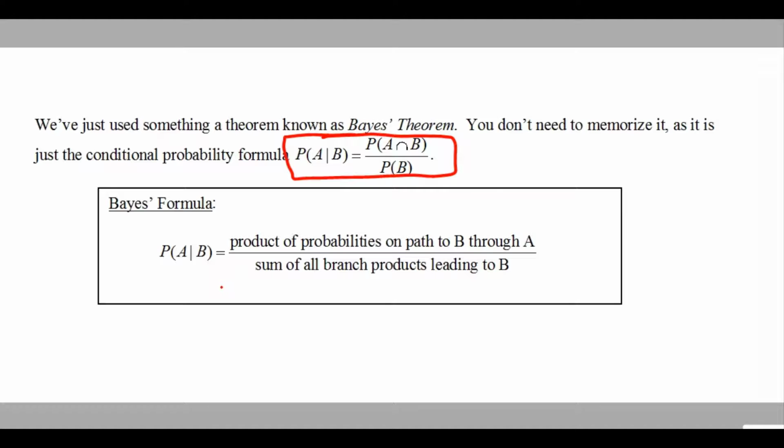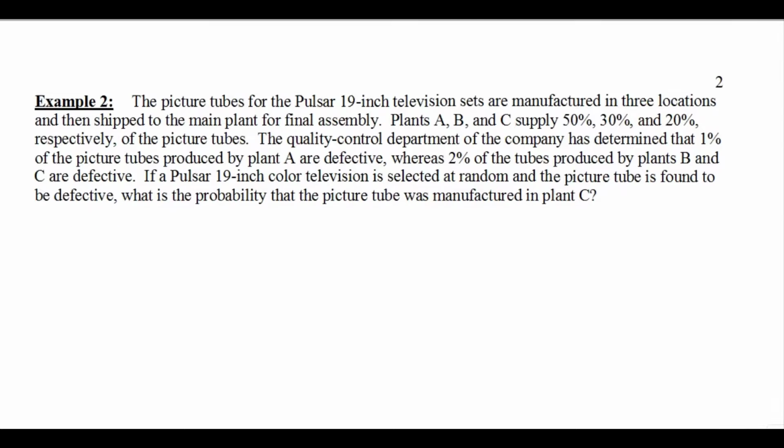If you want to think about it as a formula, you could write it out in words and say that the probability of the early event A, given that the later event B has occurred, is the product of all the probabilities on the path to B through A, divided by the sum of all the branch products leading to B. You can think of it that way. Really, you just want to think of it as the conditional probability formula. That's all it is. Let's do another example.